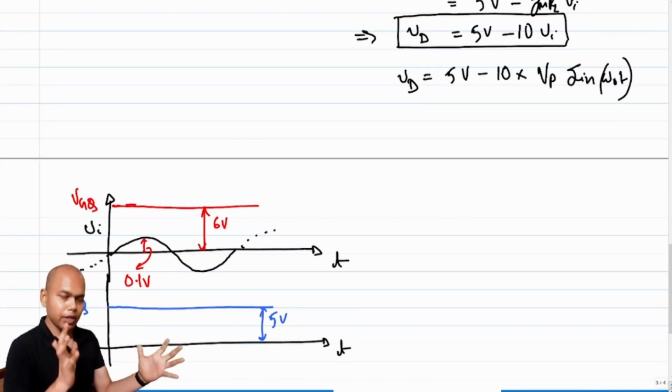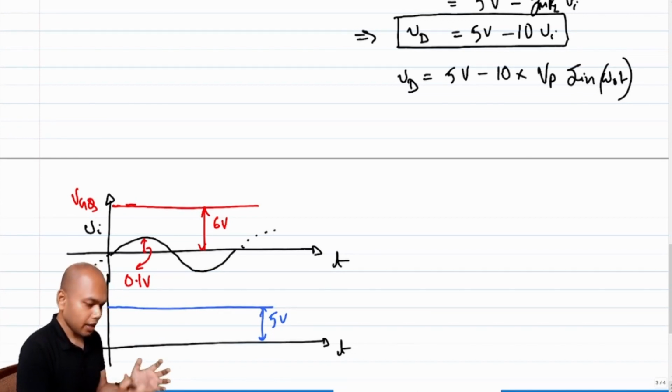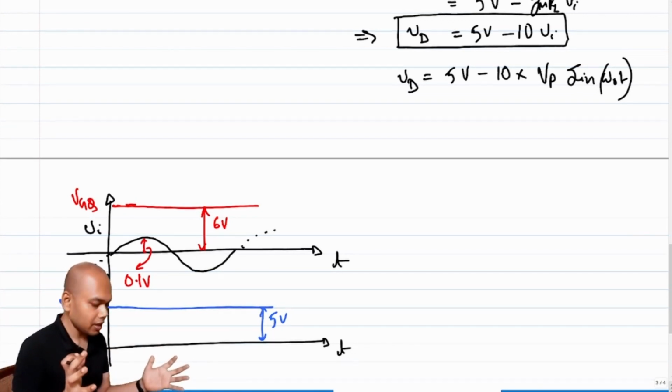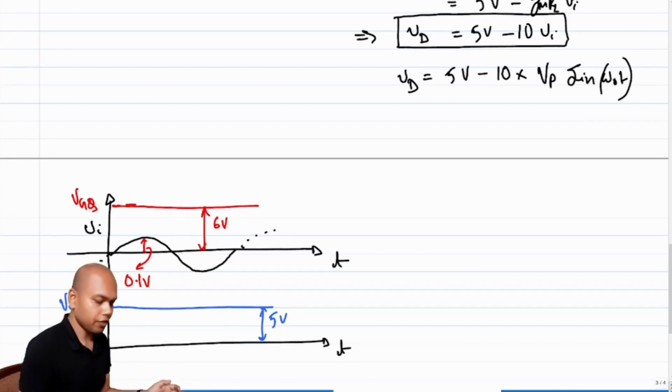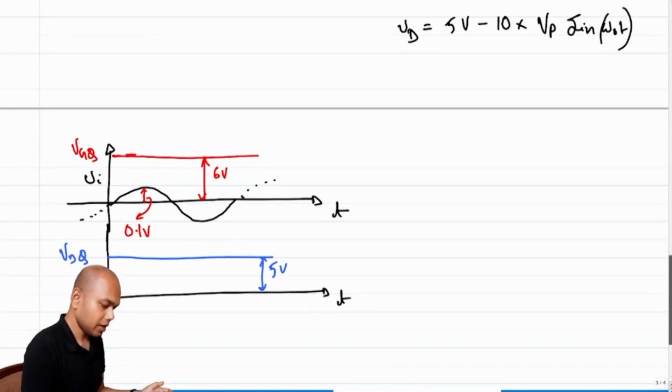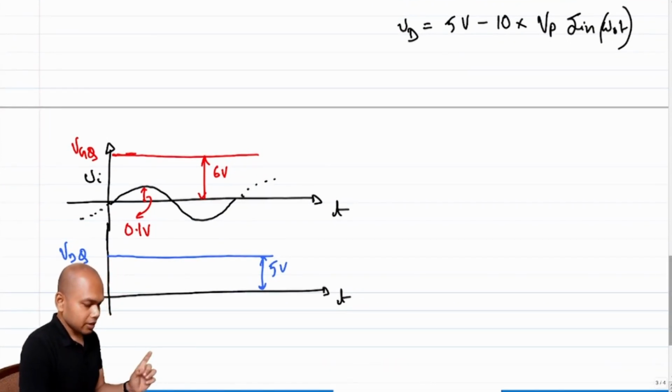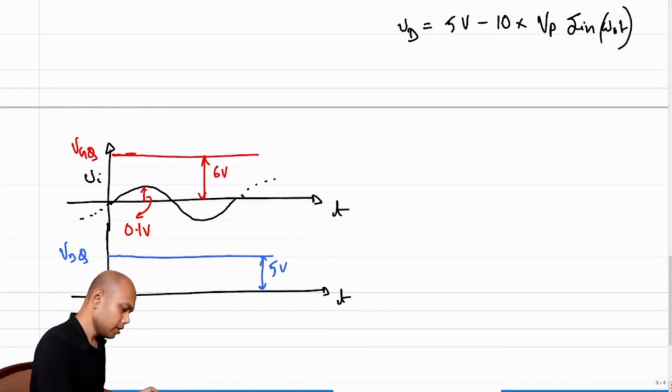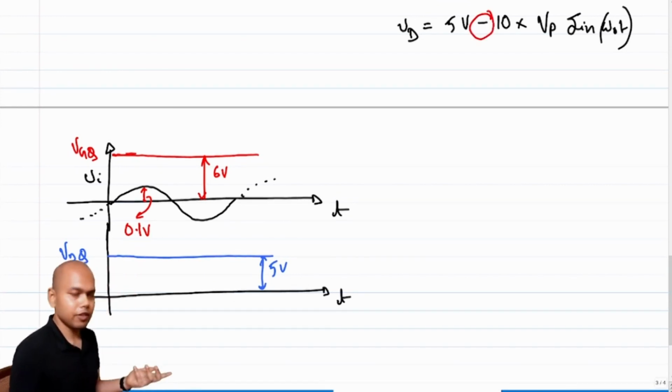Note that the amplitude of the sinusoid has gotten multiplied by a factor of 10 if the transistor is in saturation. But not only that, there has been a sign reversal, and this sign reversal is the consequence of the fact that I am drawing current out of the load RL.